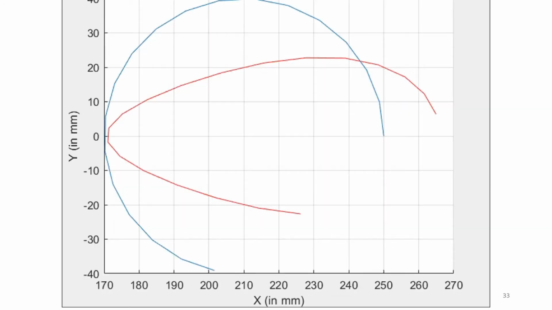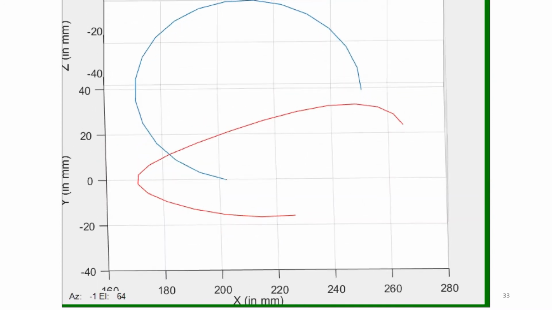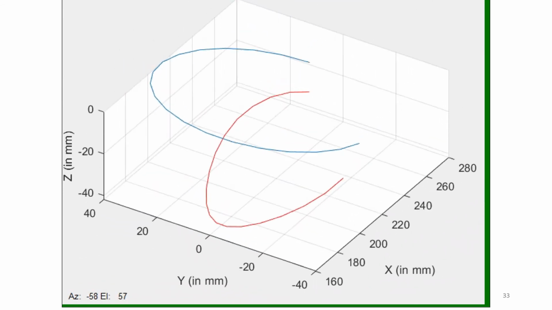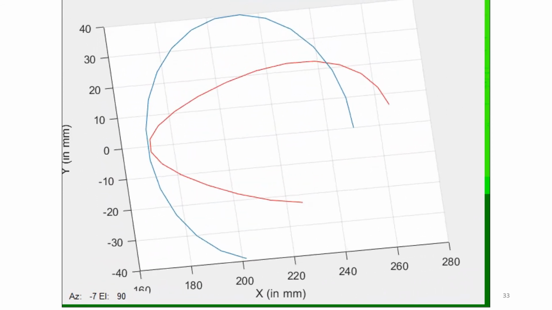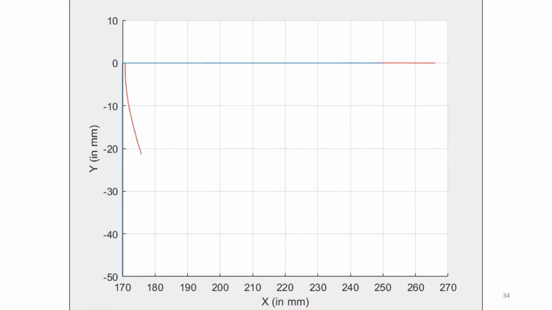The actual path and the generated paths are shown in blue and red respectively. For C path. For L path.